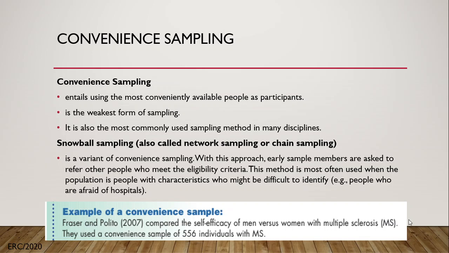Okay, the problem with the convenient sampling is that available subjects might be atypical of the population, and so the price of the convenience is the risk of the bias. Okay, convenience sampling is selecting participants because they are often readily and easily available.